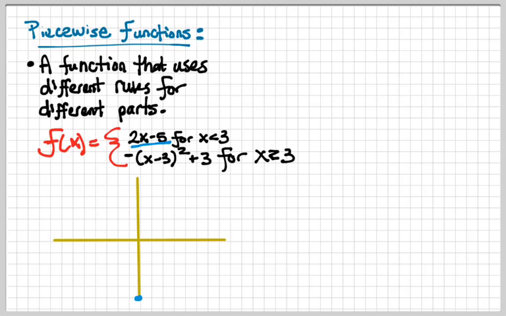Then our slope's up 2 over 1, up 2 over 1. And we're going to go all the way to 3. Oops. Let's redo that. We know we're stopping the graph at x equals 3, so this is true for everything less than 3.